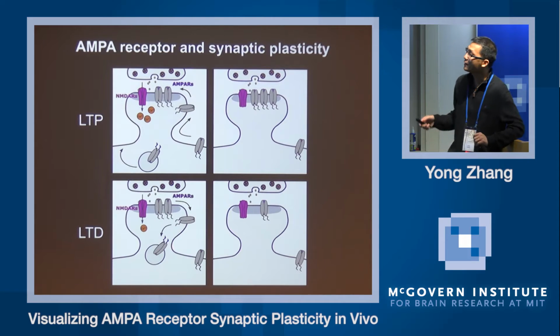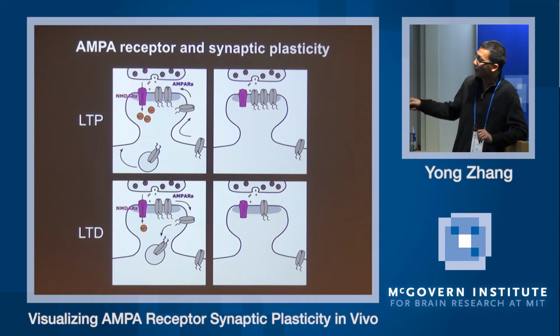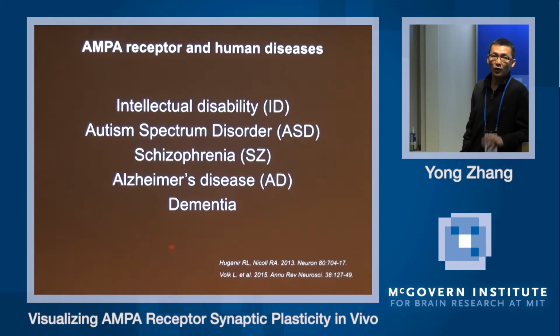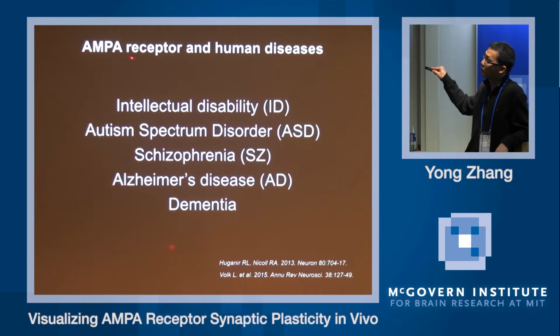So it's not surprising that the disruption of AMPA receptors will lead to a lot of human diseases. Indeed, genetic links have been found showing that the disruption of AMPA receptors or the dysregulation of AMPA receptor function leads to many neurological or neuropsychiatric diseases.